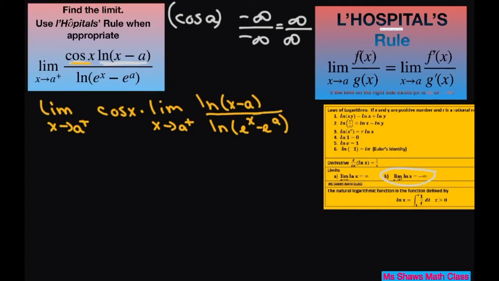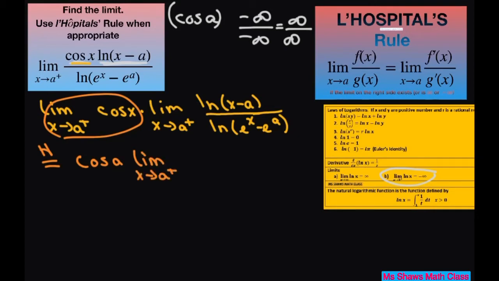All right, now let's go ahead and apply the rule. For this piece, this is just going to be a constant, which is cosine of a. Then we're going to do the limit as x approaches a from the right, and we're going to differentiate our numerator and our denominator.